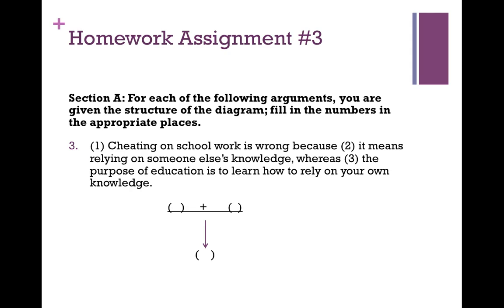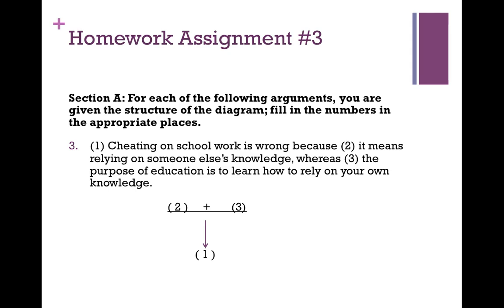All you really have to do is figure out what the conclusion is. And that's somewhat straightforward because, again, we see this word because, and we know that what's coming after it is going to be the premise, or at least one of the premises. I think it's fairly straightforward that what this argument is trying to establish is that cheating on schoolwork is wrong. And so this one would be diagrammed as follows.